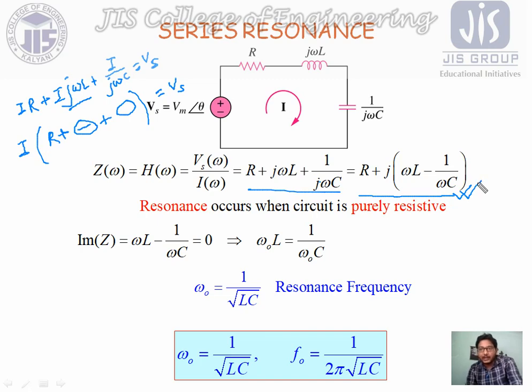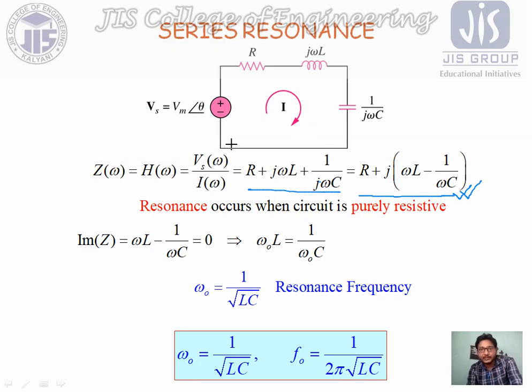Now as you have seen, the resonance condition is when the circuit has the inductor and capacitor with the same effort. It means the inductor and capacitor nullify each other, so their effect will be neglected. Just take an example of what actually happens.